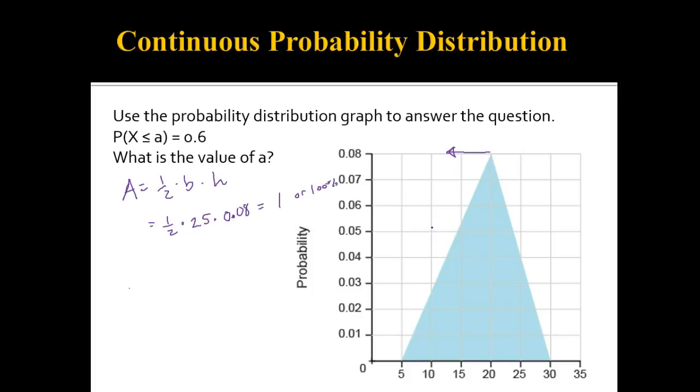Everybody knew that already. Now, the question is saying, as we bisect this triangle, as we draw lines through the triangle and cut it up into spaces, let's just say that I drew a line here, and I say, what's the probability of being between 5 and 15?